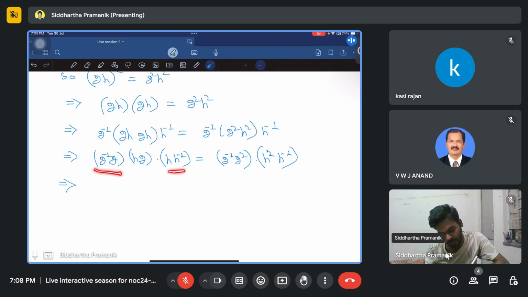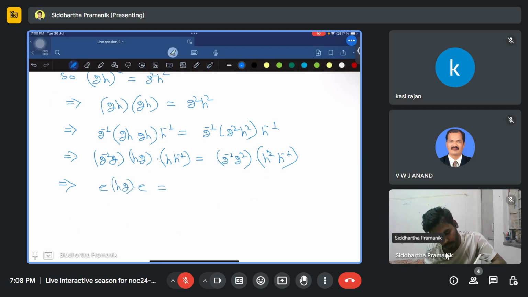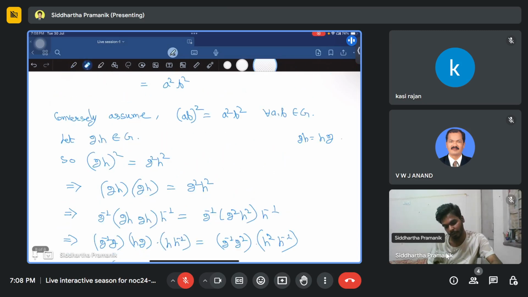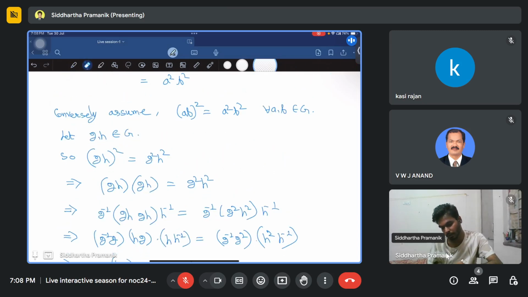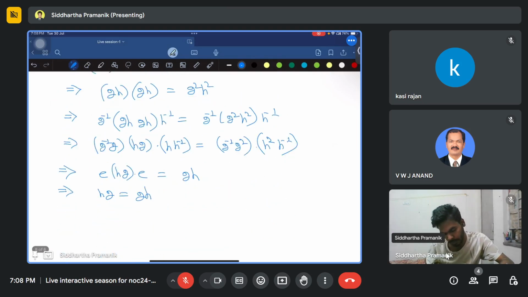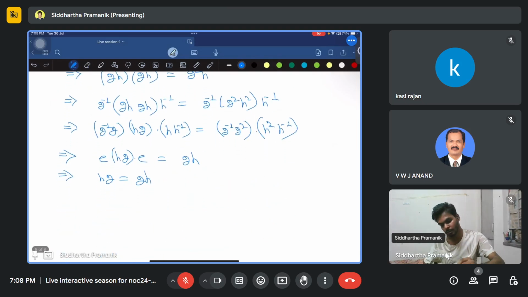This element is also the identity, and this will be just g. This will be just h. So hg equals gh. So that means hg equals gh. So that is what we wanted to show, that these two elements commute. Hence G is an abelian group.